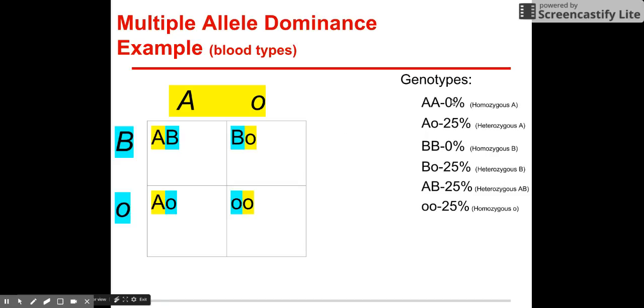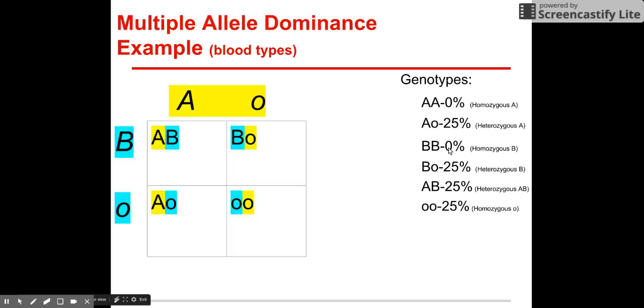Now over here, lots more genotypes, right? We only had 3 genotypes before, and now we have 6 possibilities. We've got 2 that will give us type A, homozygous type A and heterozygous type A. I did not have any possibilities that were 2 uppercase A's, so that's why that one's a 0. Make sure you write all of this, even the stuff that's in the parentheses over here. We do, however, have 1 possibility in our offspring of a heterozygous type A. That's why this one is 25%.